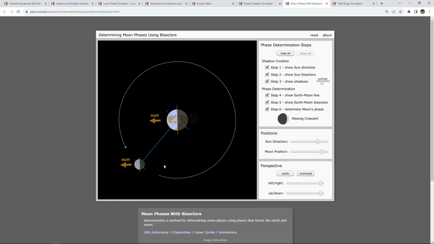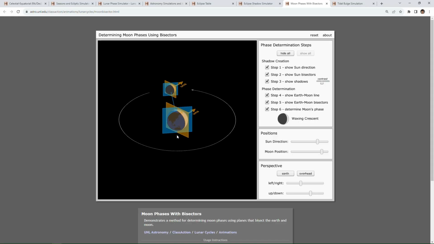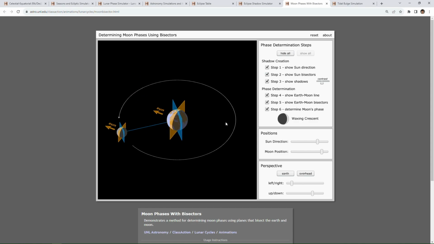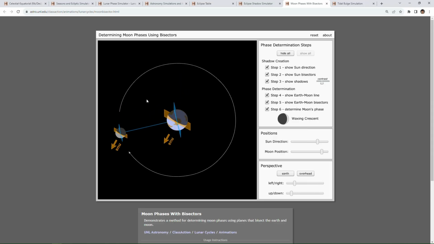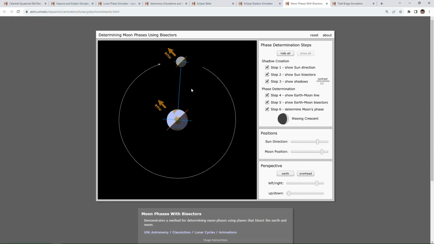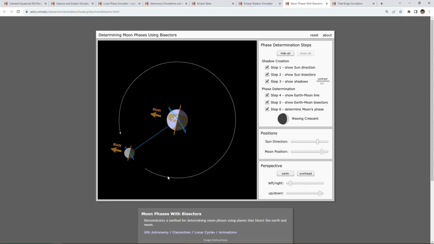So we can rotate and move around to see what we actually see from Earth. What we see is a crescent, and it's a crescent on your right-hand side. So this is what we call the waxing crescent. I hope this simulation can help you understand the phases of the moon better.